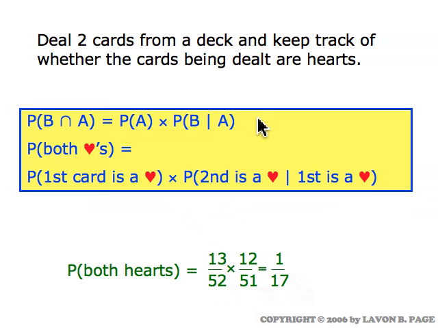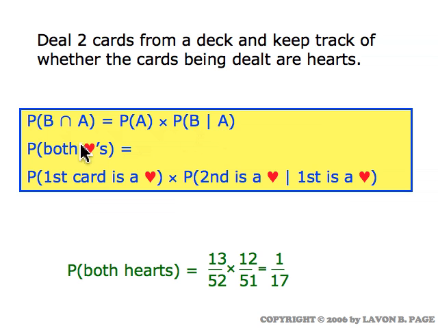The reason this is mathematically valid is because of the definition of conditional probability. The probability of two things happening, if we think of a first thing A and a second thing B, the probability that both things happen is the probability that A happens times the conditional probability that B happens if we know that A happens.